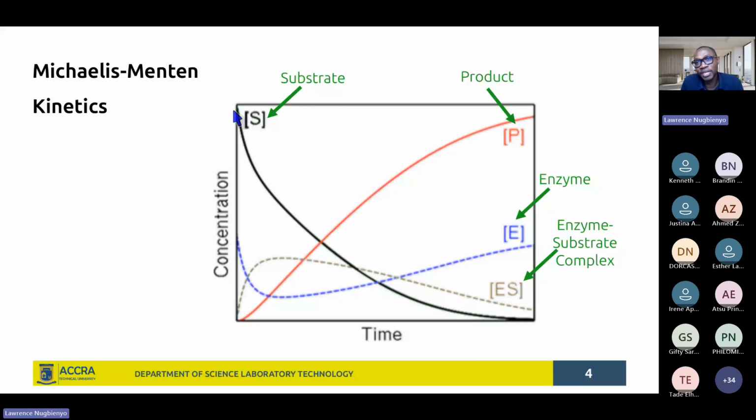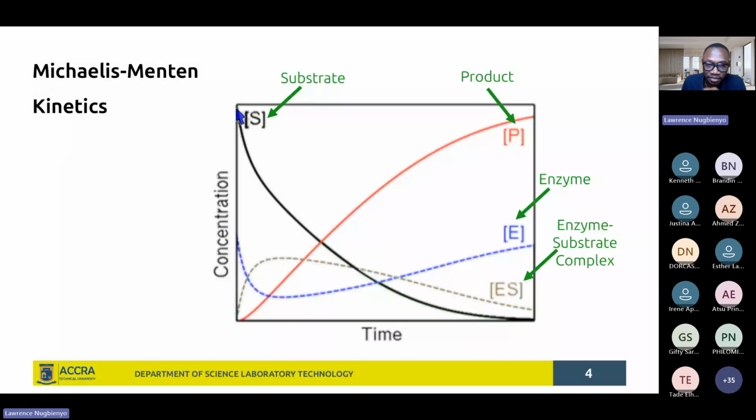Usually the enzyme they used for studying these things was invertase, which was responsible for the breakdown of sucrose, the table sugar, into glucose and fructose. It was the same type of studies that Victor Henry also did. And a lot of times, in those times, that was the enzyme being used in these enzyme kinetic studies.